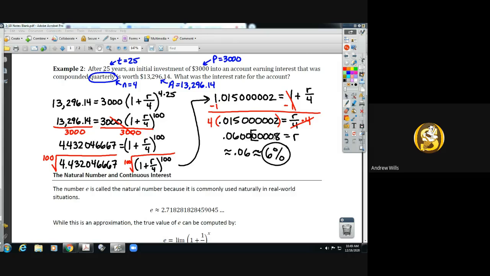One of the things that has been added to your Delta Math assignment is some problems where you have to solve for things other than A in the compound interest formula. So just keep that in mind as we move forward.